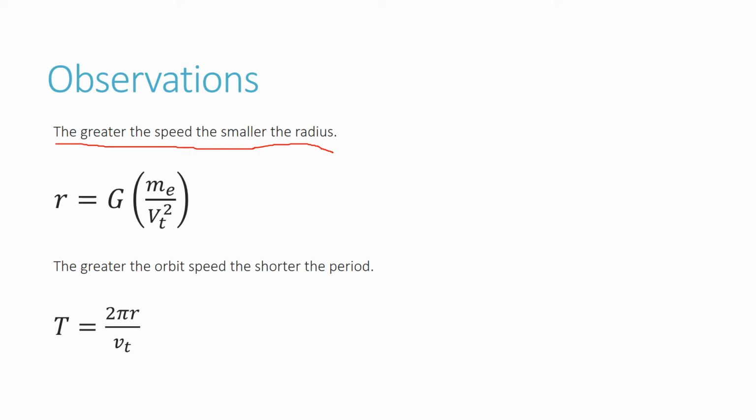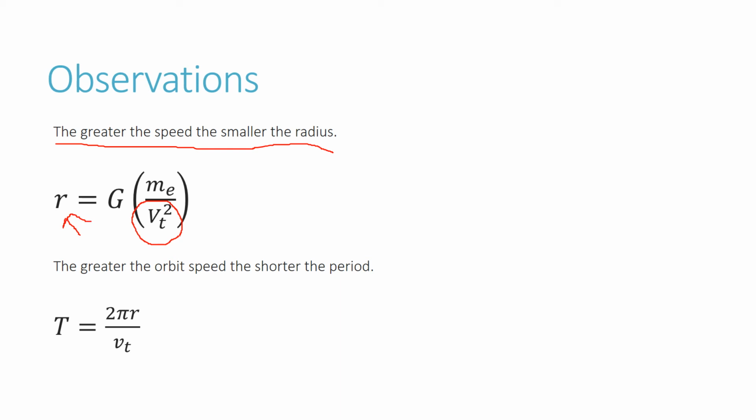It was just left at a certain distance from the Earth, and it's traveling based on that acceleration vector, which holds it in orbit. So as the speed increases, you can see the speed is down here. If that increases, this radius is going to get smaller.